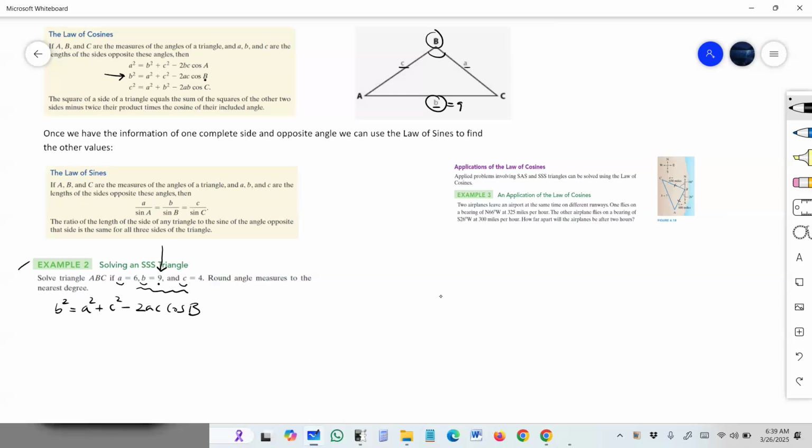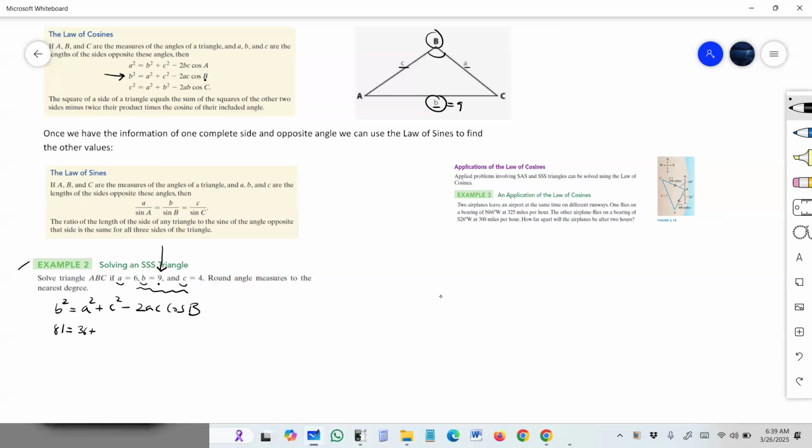And let's do the exact same thing as we did before. I know what sides A, B, and C are. So B squared is 9 squared, which is 81. A squared is 6 squared, which is 36.